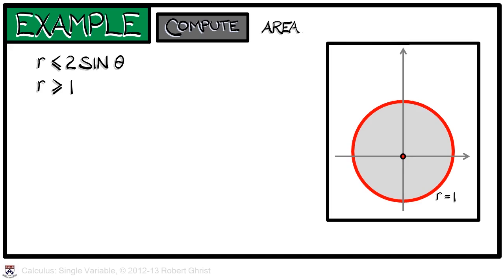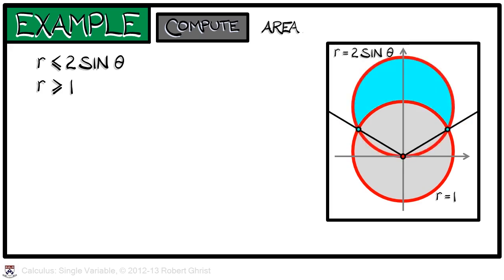I'll leave it to you to discover that r equals 2 sine theta is likewise a circle of radius 1 shifted up the y-axis. These curves intersect at 2 points. What are they? Well, by setting the r values equal and solving for theta, we see that these points are at theta equals pi over 6 and 5 pi over 6.